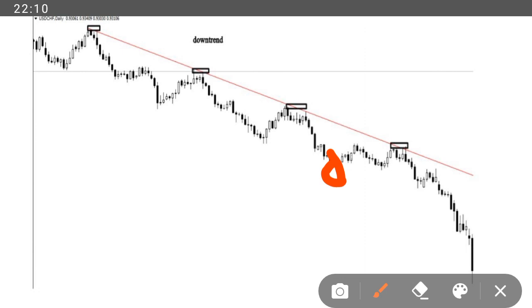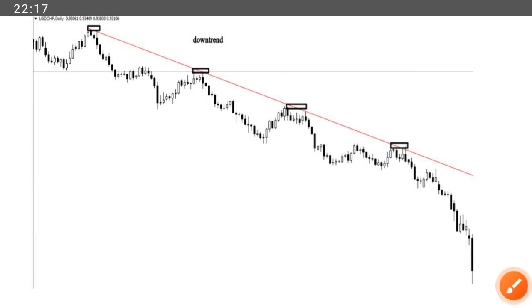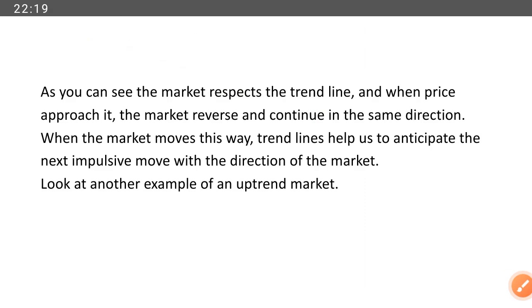But it is better to sell in a downtrend and buy in an uptrend. You can see the market respects the trend line, and when price approaches it, the market reverses and continues in the same direction. When the market moves this way, trend lines help us to anticipate the next impulsive move with the direction of the market.